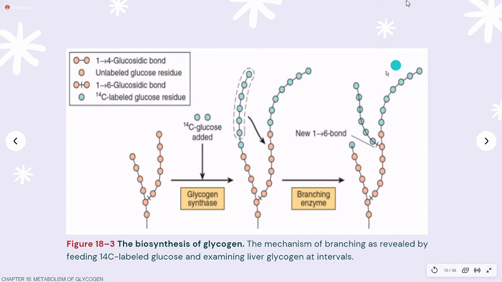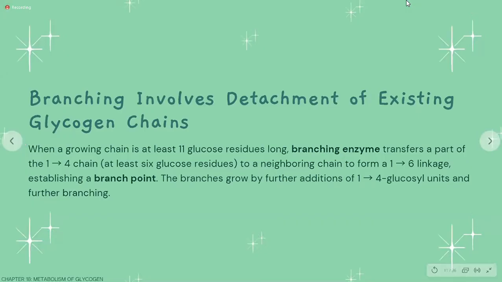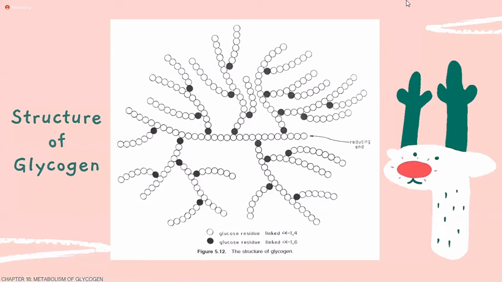You can put a branch here, or this one will now lengthen. You can put a branch there, and so on. And so you will have something like that.